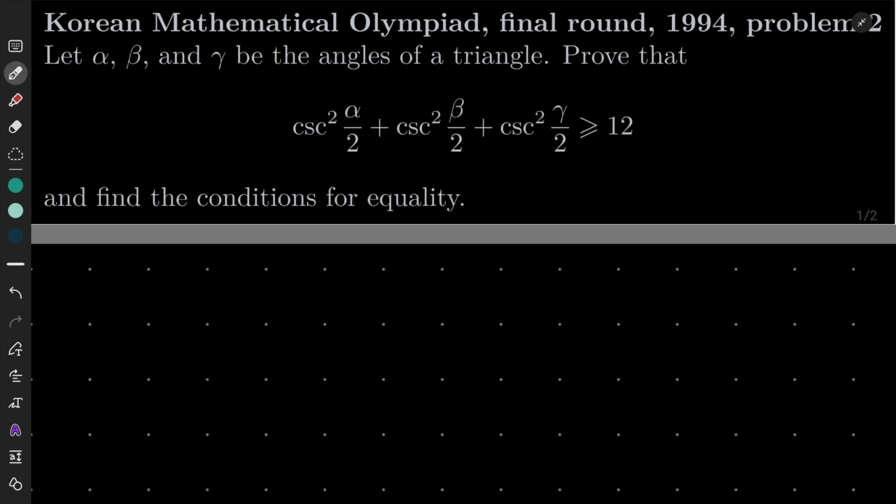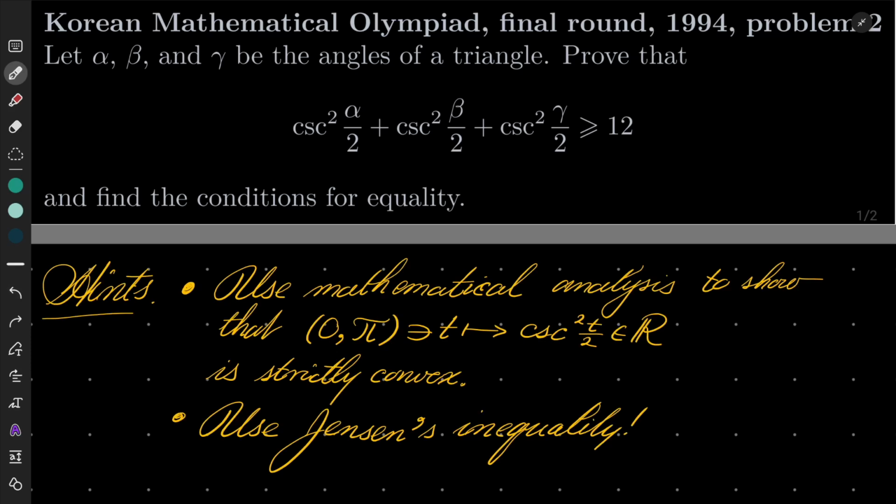This problem is rather easy. My hints are the following. Use mathematical analysis, calculus, to show that our function, which appears here, here, and here, is strictly convex on the interval from 0 to pi, and then use Jensen's inequality.